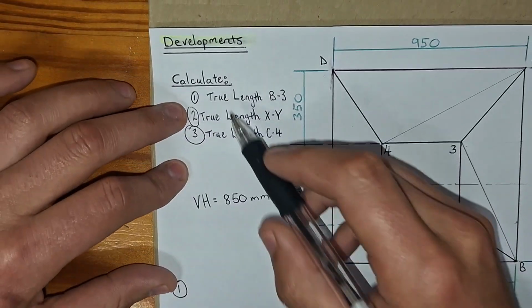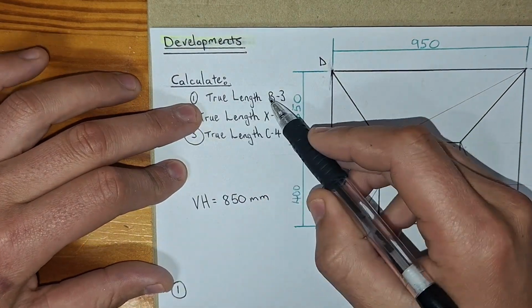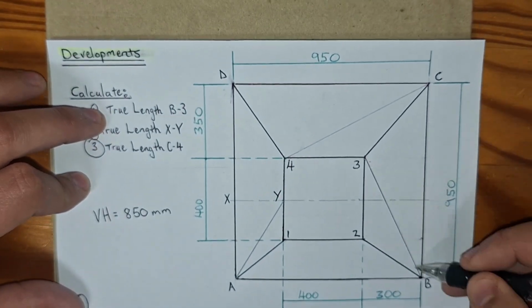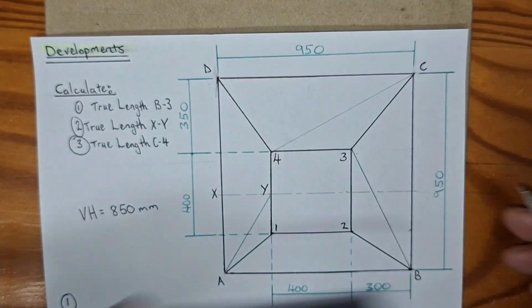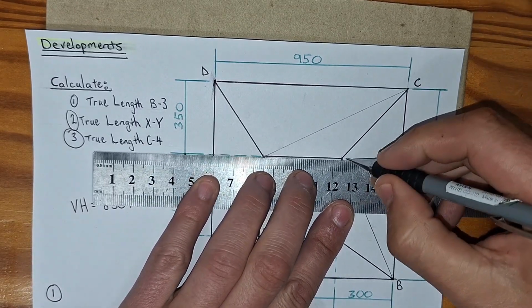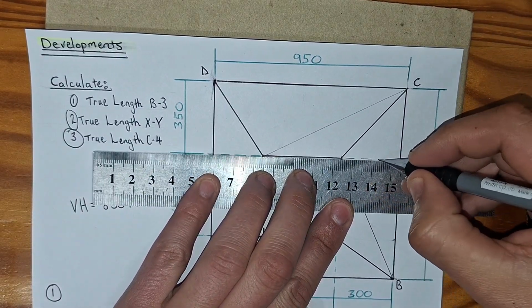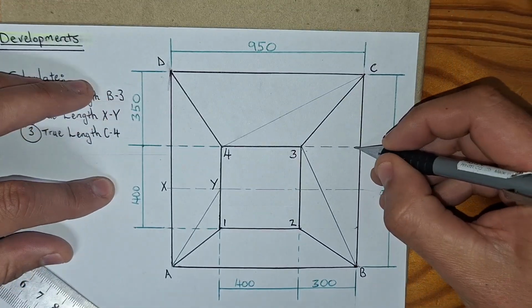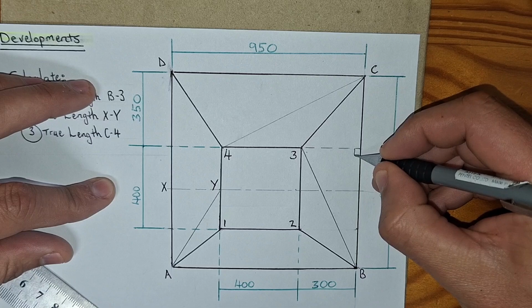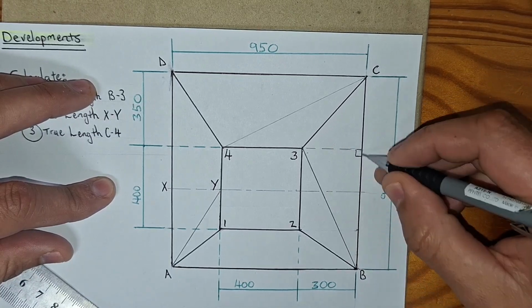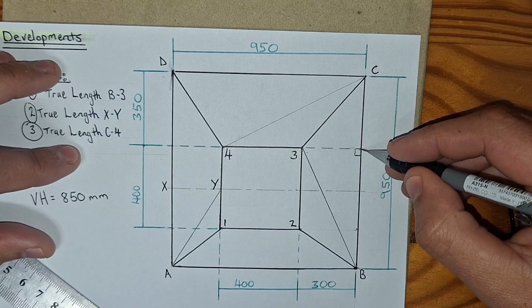Firstly, to get the true length, we will first have to get the base length of B3. So we will create a 90-degree triangle on the top view for ourselves, so that over here we have a 90-degree angle and triangle B3 and this corner here.